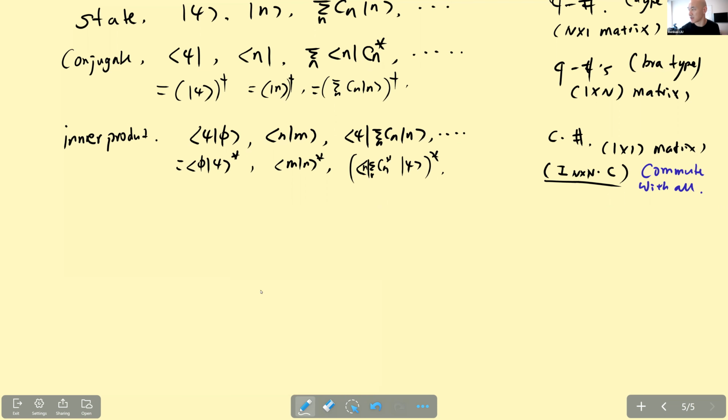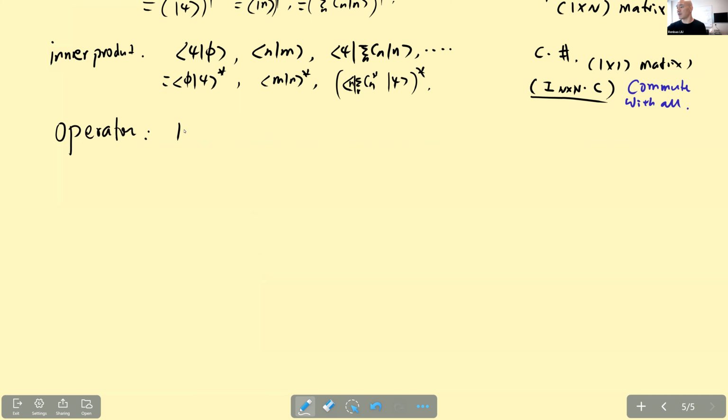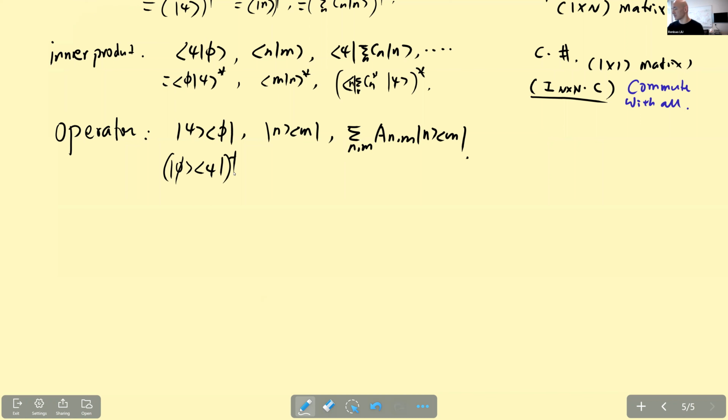And then another thing is the operator. You can have |ψ⟩⟨φ|, you can have |m⟩⟨n|, you can have the summation of A_mn|m⟩⟨n|. If you take the conjugate, this one gives another one, right? So this one, |m⟩⟨n|, conjugate, and so on and so forth. So this is also a Q number.